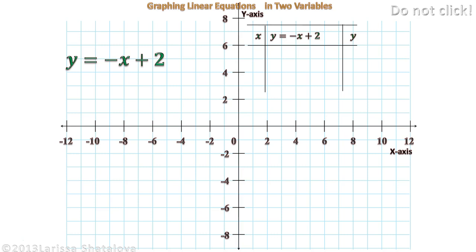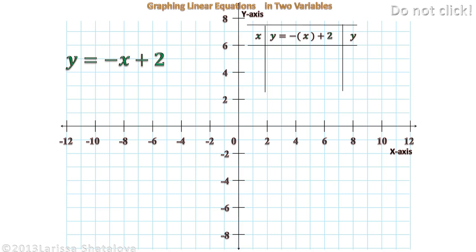And what will be a good idea for you if we have -1x? It's a good idea to use parentheses around x, because by itself x coordinates can be positive or they can be negative, and without parentheses it's easy to make a mistake.